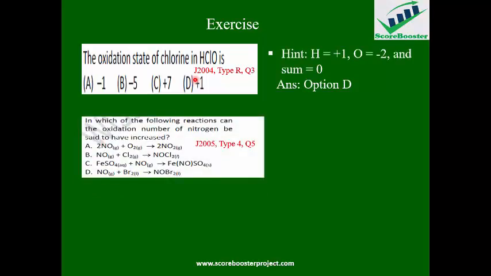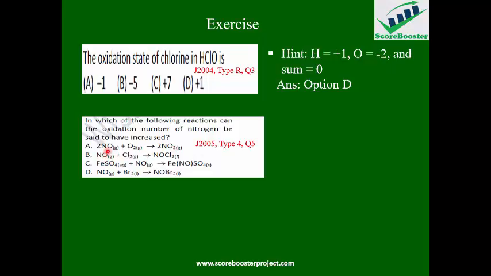In which of the following reactions can the oxidation number of nitrogen be said to have increased? So you calculate the oxidation state of each. In this case, it is +2 because oxygen is -2. So if you calculate that one, you get +2. So if you go like this, -2, so -4.